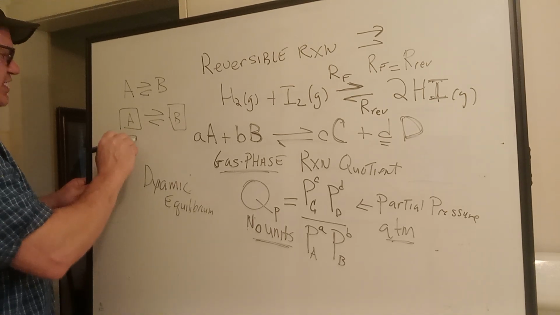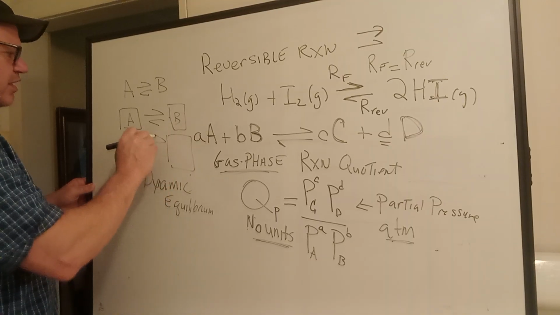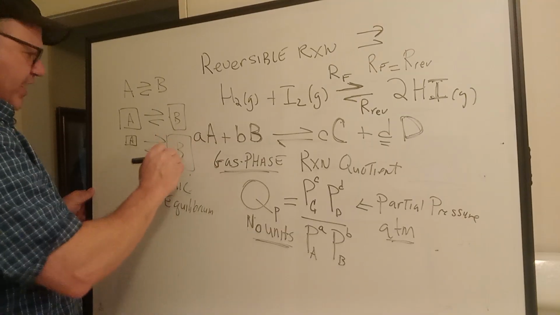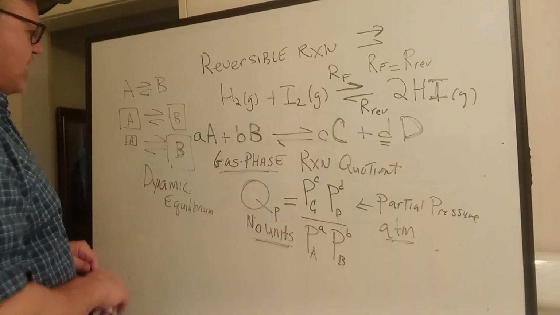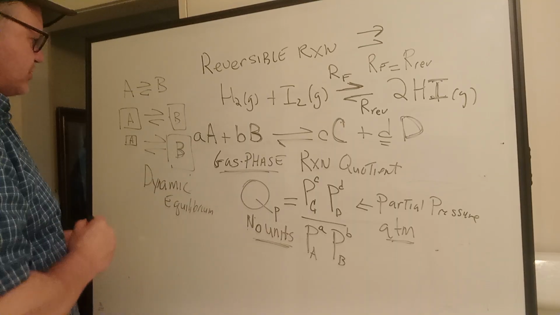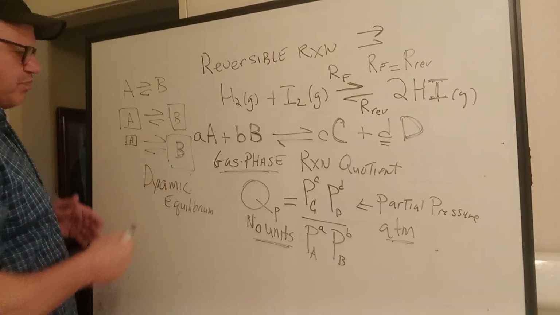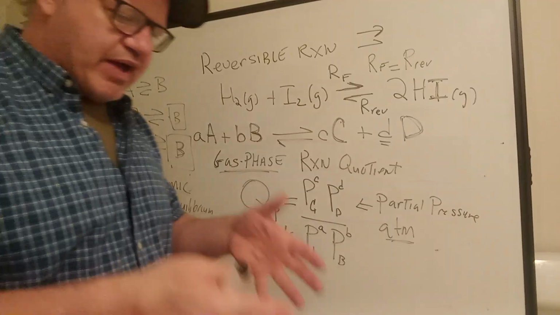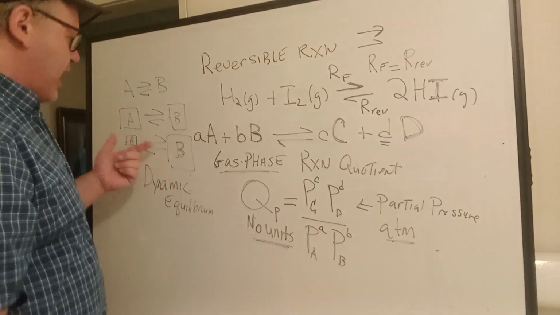You could have a teeny amount of A and a big amount of B with the rate going forward and backwards, or vice versa. The case of them being equal is a special case. You could have a giant amount of A and a little bit of B. It just means that the amount on each side relative to itself is constant. And there is motion back and forth.